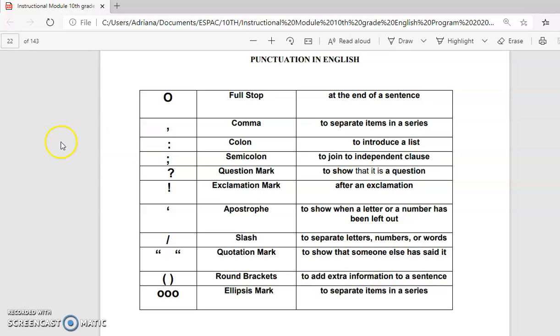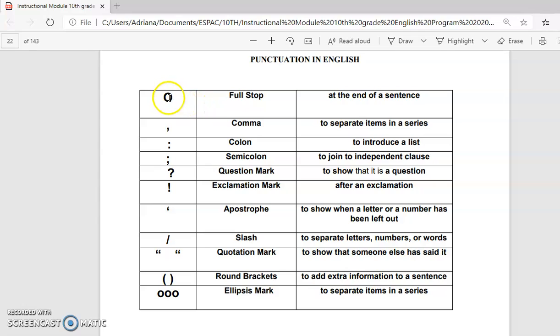And then you have this little table here, which shows you the punctuation marks that are most frequently used, the name of the symbol, and then the usage.